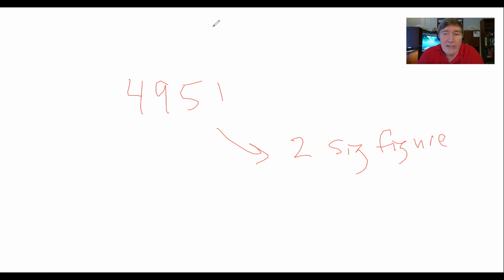How would you express that number using two significant figures? Okay, I'm seeing a couple of answers. Interesting, I'm seeing answers all over the place.